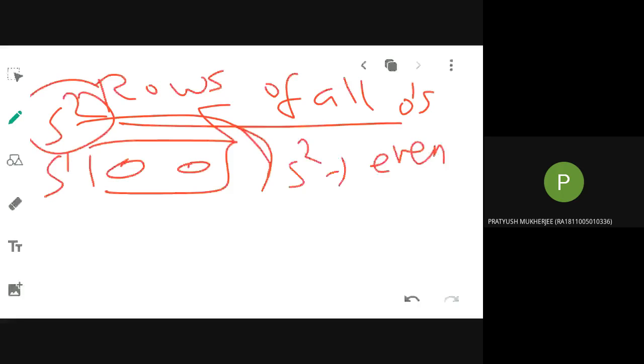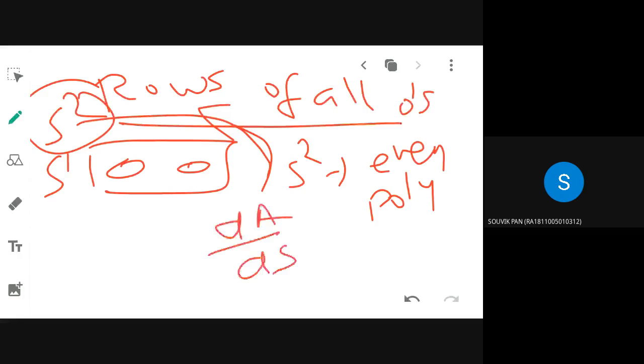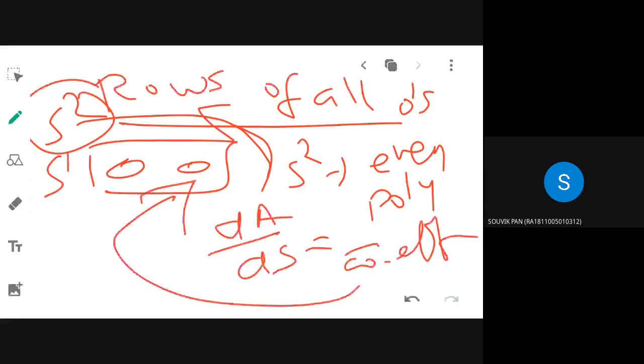Using those coefficients, frame the even polynomial, then differentiate that even polynomial with respect to s. Find their coefficients, replace the row of all zeros by those coefficients, and form the Routh array. Whenever there is an even polynomial, what will you infer? There might be roots located on the imaginary axis.